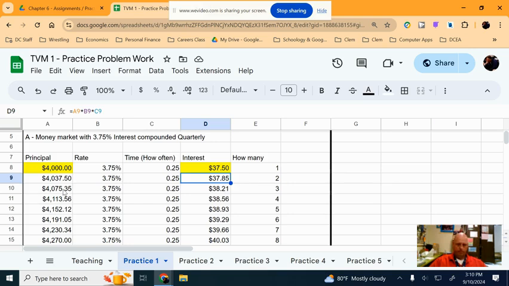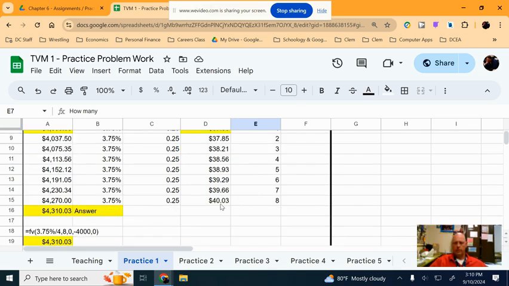And we just keep leaving the money in the account, and it keeps growing. Over here on the far right-hand side, we have to figure out how many times we need to do our math in total. Well, if it's compounded quarterly, that's 4 times in 1 year, 4 times in another year. So we've got to do that math a total of 8 times.